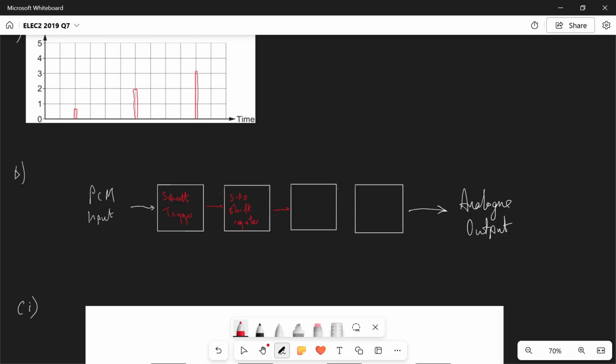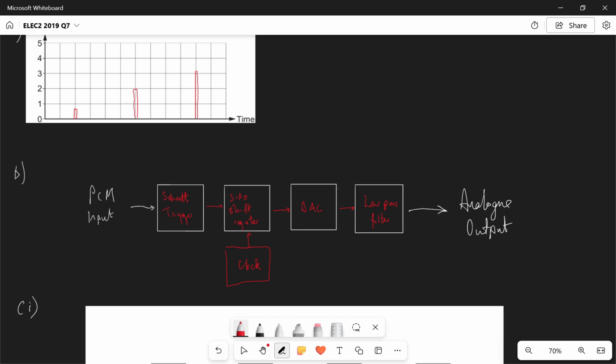Which in turn has the DAC after it, and then the low pass filter, which then goes to the analog output. We're missing the position of the clock. The clock would be here. And that links to the CPO.